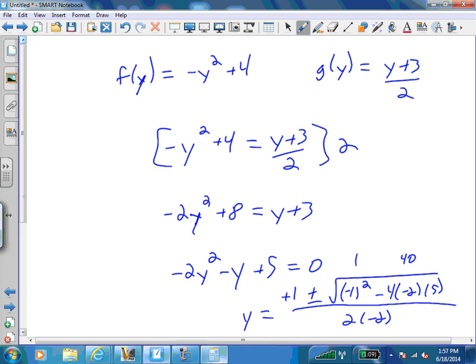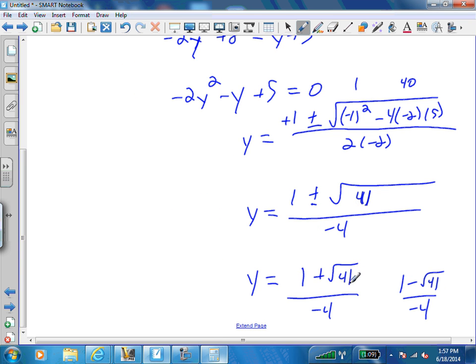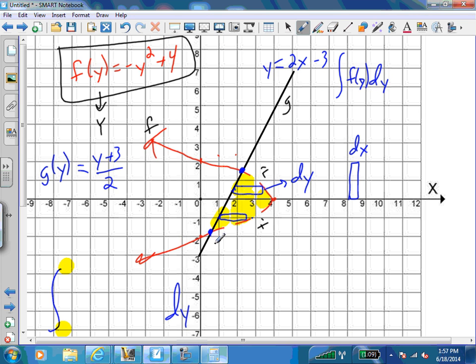Now, if we calculate those, this is actually the lower one. I don't know the x value, but the y is 1 plus the square root of 41 over negative 4. Here, the y value is 1 minus the square root of 41 over negative 4.